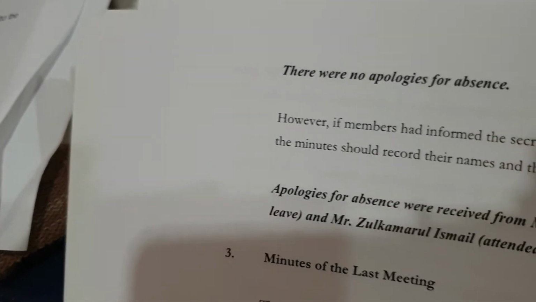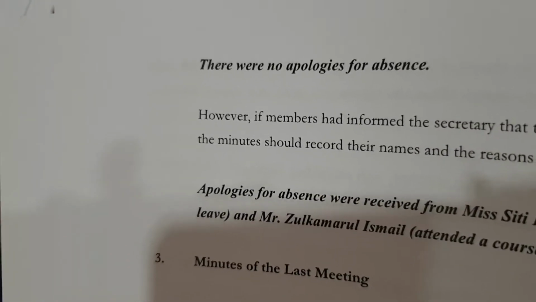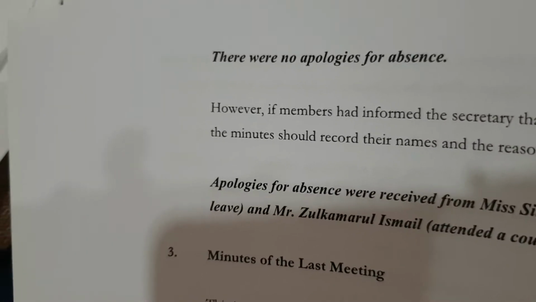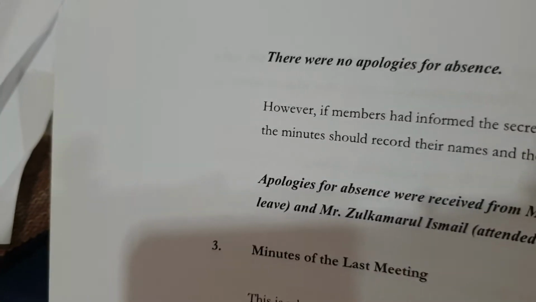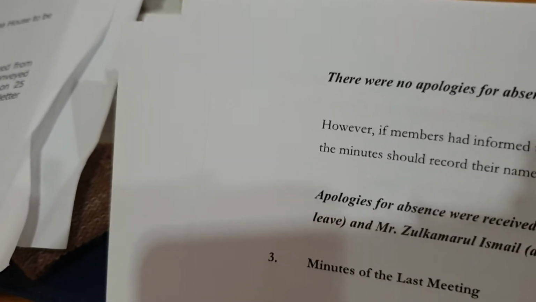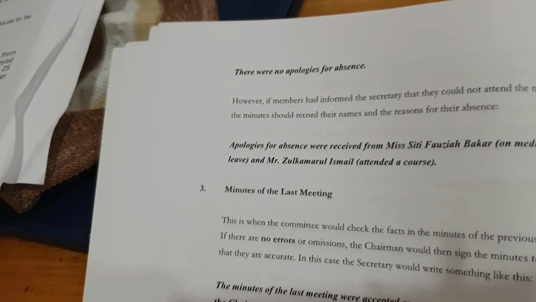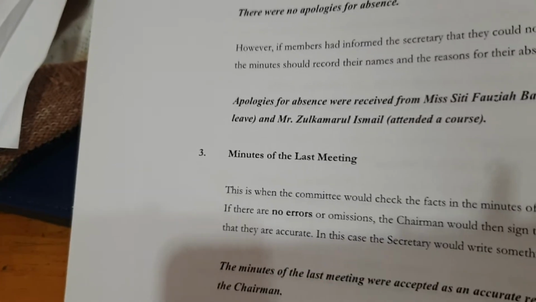Apology for absence was received, not were received, was received. If it's more than one person, one plus one, two people, that's why we have apologies. So that's item number 2, apologies for absence.